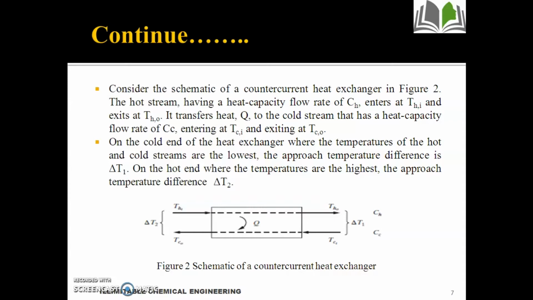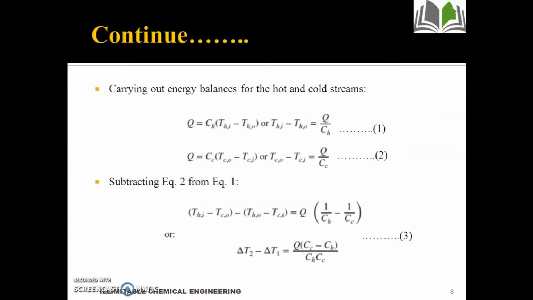On the cold end of the heat exchanger, where the temperatures of the hot and cold streams are the lowest, the approach temperature difference is delta T1, and on the hot end, where the temperatures are the highest, the approach temperature difference is delta T2, as shown in figure number 2.